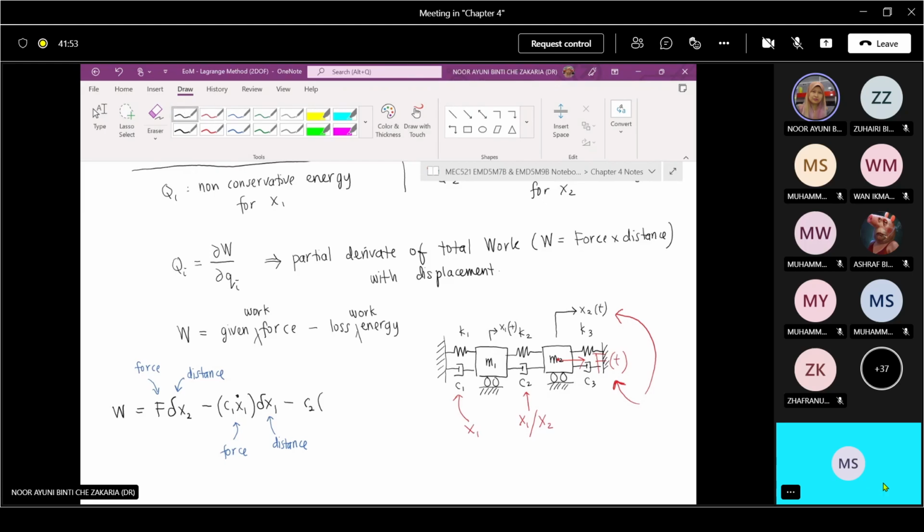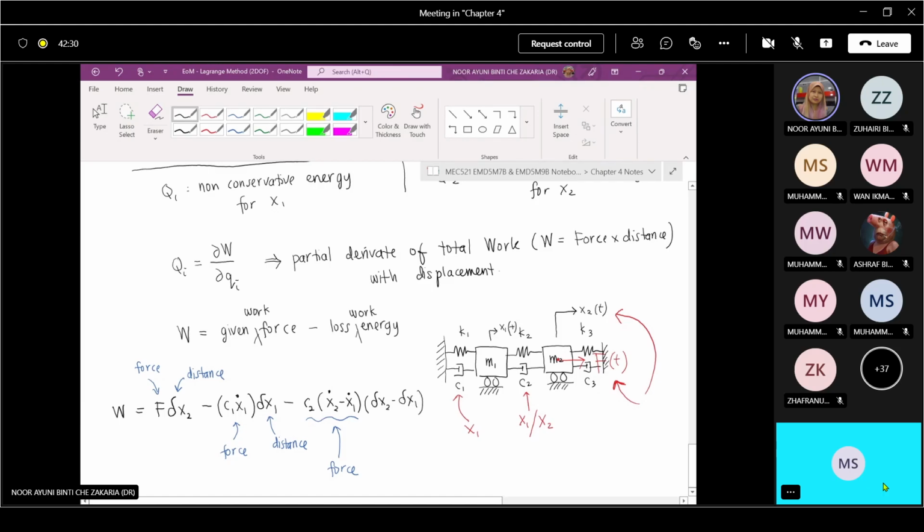So in this case, we get x2 minus x1, and this is a force. You need to get the distance to get into work. So the distance is also affecting the movement of x2 and the movement of x1. So there is a change to x2, and also a change to x1.